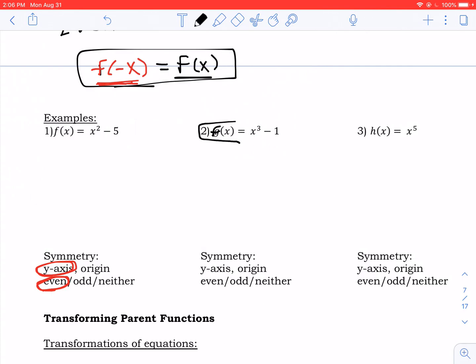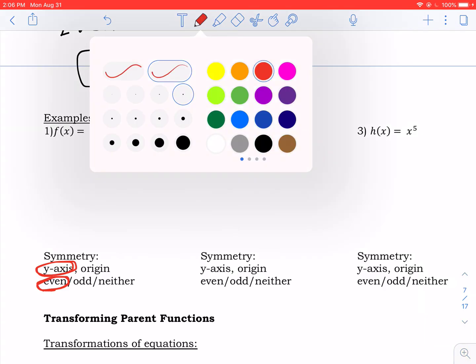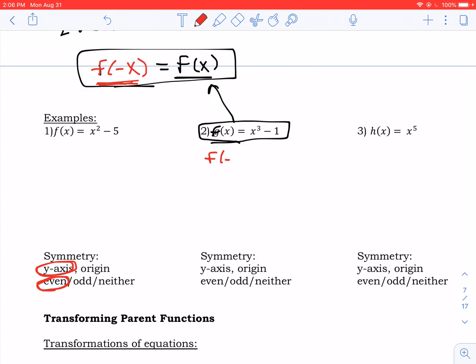So we want to determine, is f of x, the original function, the same as f of negative x? Remember, that's what I get if I plug in a negative x for x. So negative x cubed minus 1. So let's be careful here. Negative x cubed, remember, that's negative x times negative x times negative x.